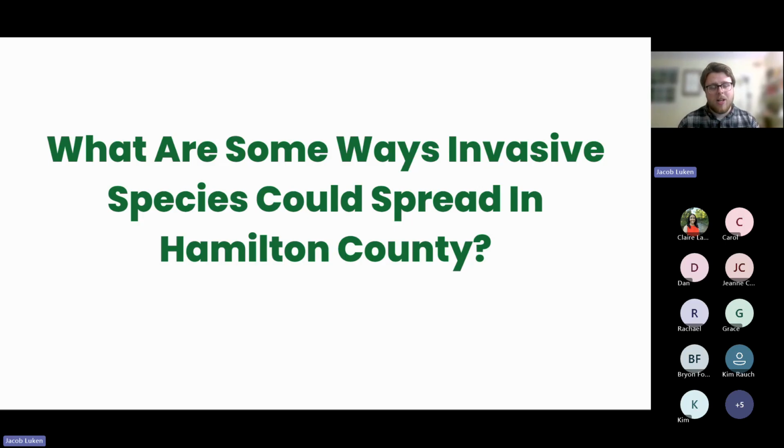Sometimes mowing down invasives can be listed as a treatment method, so it's important that if you take your lawnmower through an invasive species to intentionally cut it down, you don't then drive it somewhere else with all that invasive seed in the lawnmower.